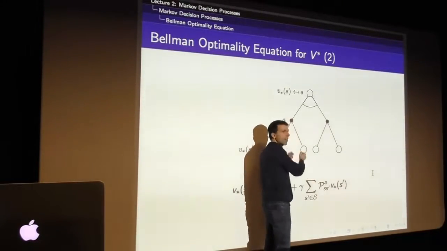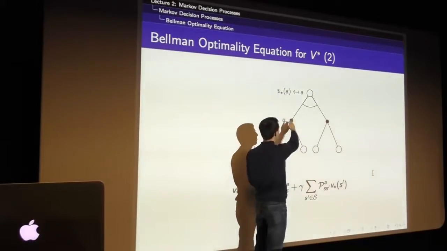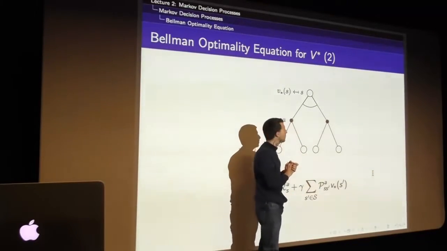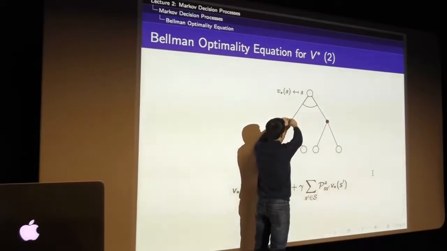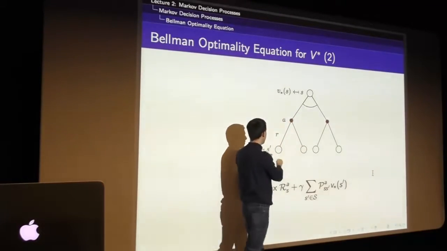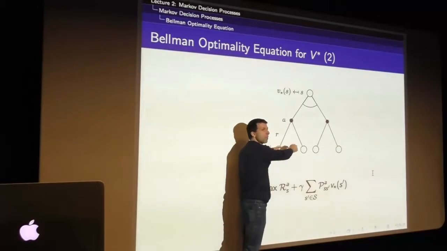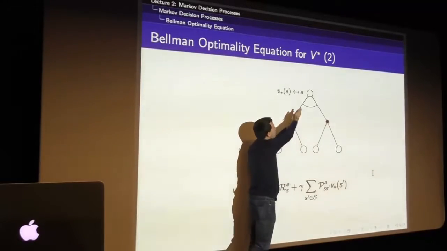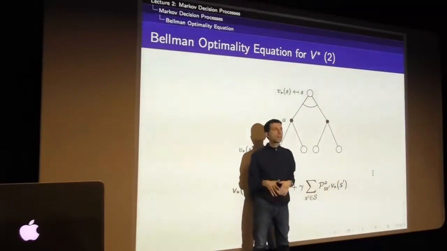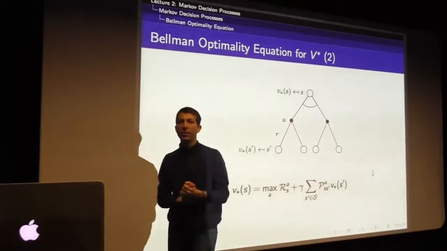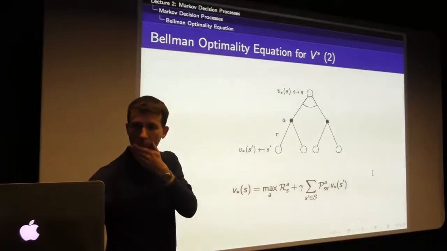And we don't maximize over the dice. We don't control the dice. Instead, we average over the dice that the environment can roll. And we do this two-step look ahead over our actions from this state and all the things the environment might do to us. And then we look at the optimal value of where we end up. We back these things all the way up, and that tells us how good it is to be in this state here. So that's the Bellman optimality equation for V star.